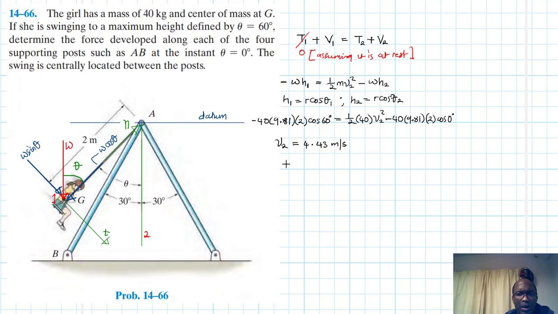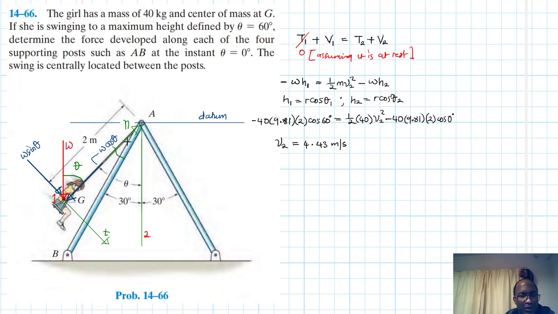So we can now apply the equation of motion so that we find the tension. If we are to section this, let's section it so that we include this information. Let's section it somewhere there.